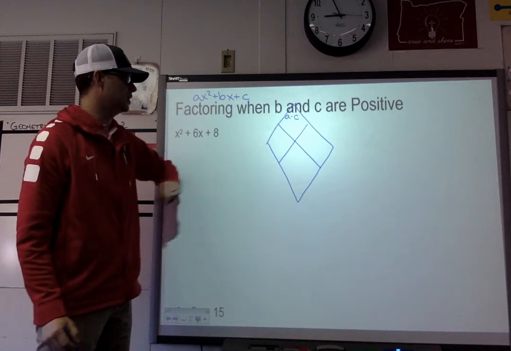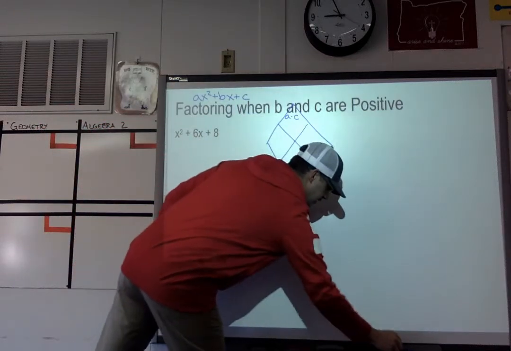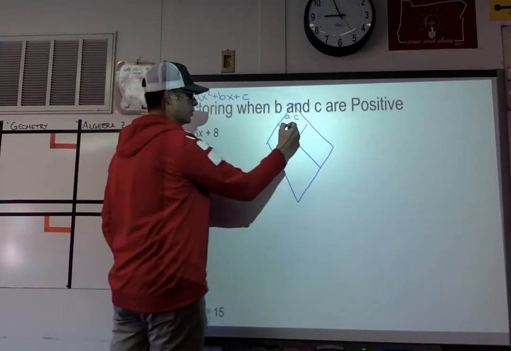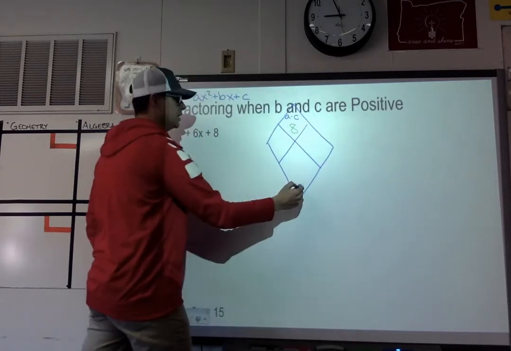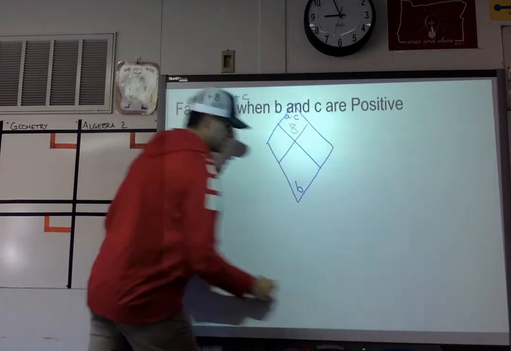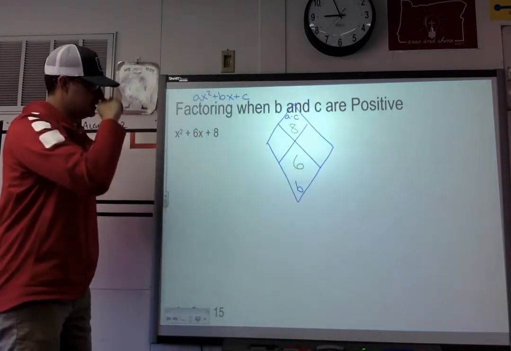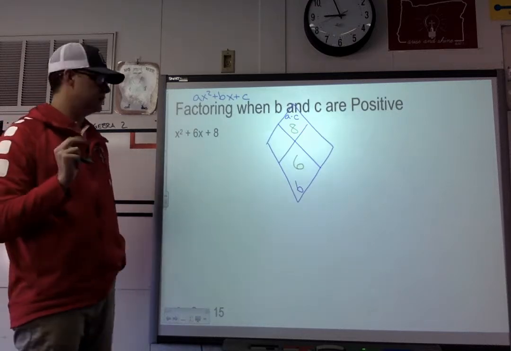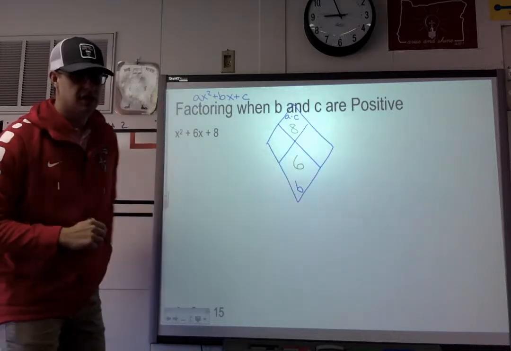So in the top is whatever a times c is, which in this case, a is 1, c is 8, so 1 times 8 would give us 8. In the bottom, you're going to put whatever your b value is. So in this case, our b value, that middle term, is 6. So now, we need to come up with two numbers that multiply to 8 and that add to 6.